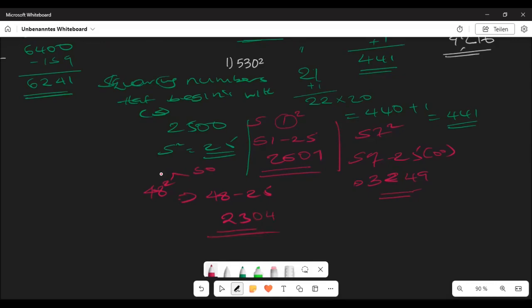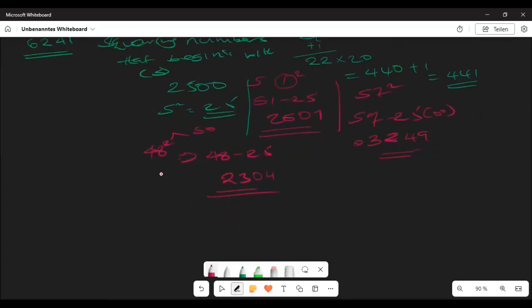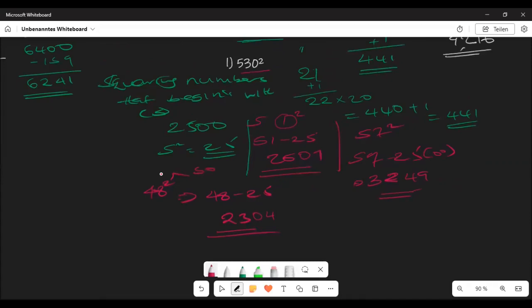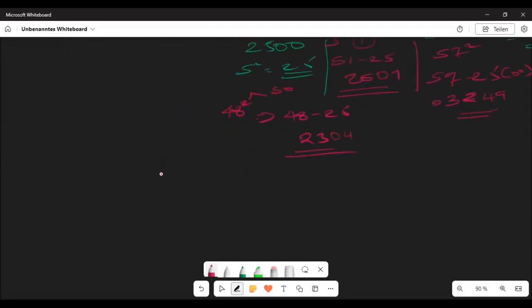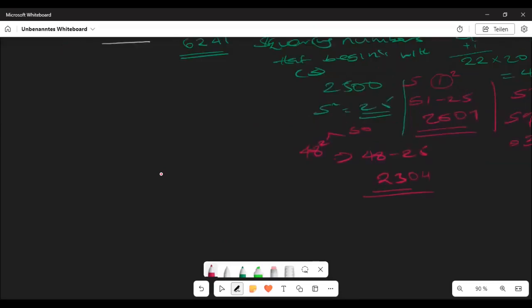You see, you can use that method to multiply any number. And now, any number that starts with 5, even if it's like 530 squared, it's easier. In a second, you're going to get an answer because it operates the same way. So let's say we have 530 squared.